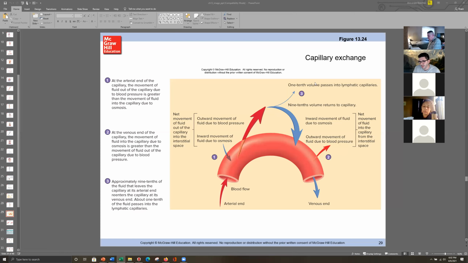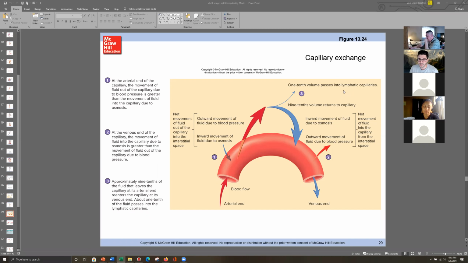So don't forget that it passes into the lymphatic capillaries. I meant to put the emphasis on lymphatic, not capillaries. We've been talking about capillaries this whole time. But lymphatic capillaries is important because the lymphatic system, as we'll find out, is not only going to be the main source of where most of our immune system operates, but it's also going to be where we end up recycling some extra fat or adipose that can enter our circulatory system.